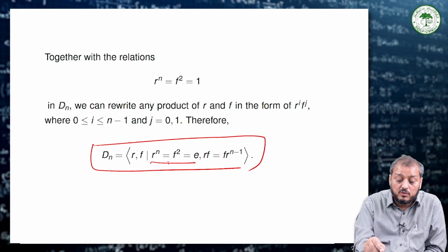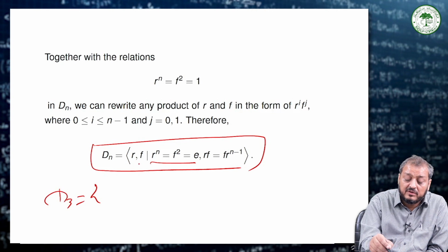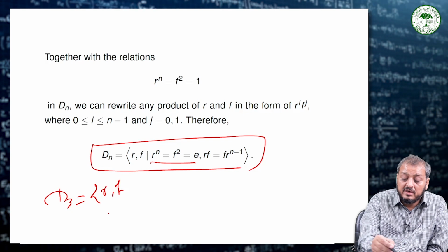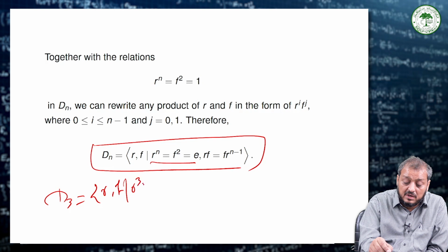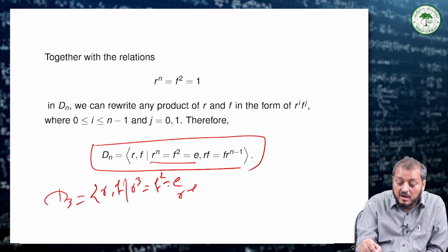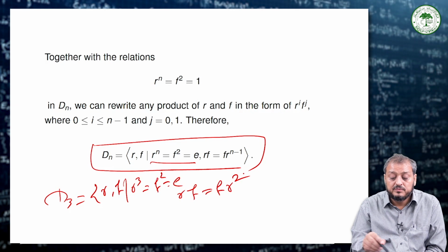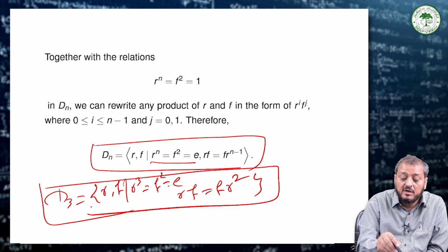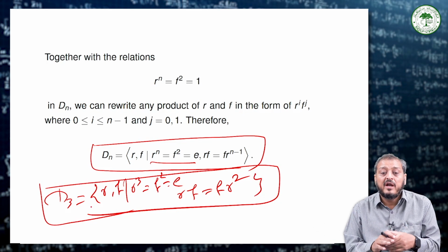If we write D3, it is generated by rotation and reflection such that r to the power 3 is equal to f square is equal to identity, and r f is the same as r to the power 2 f.